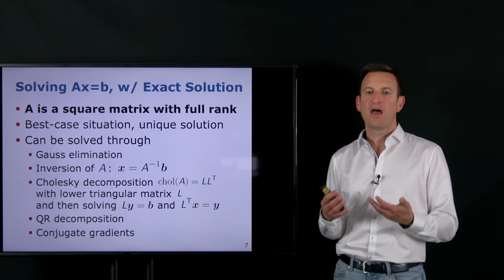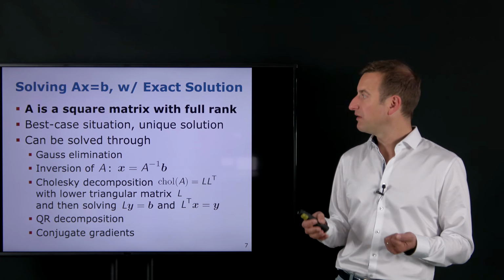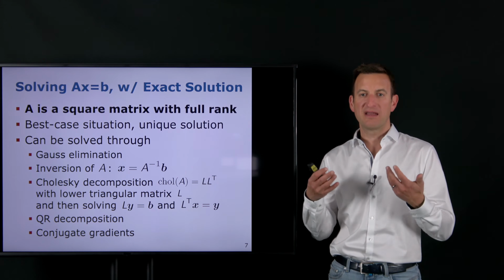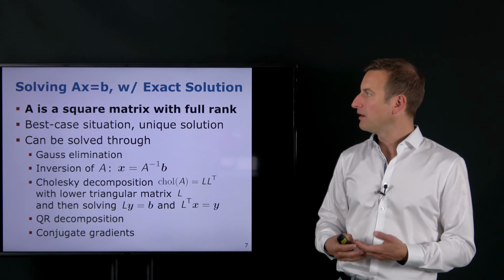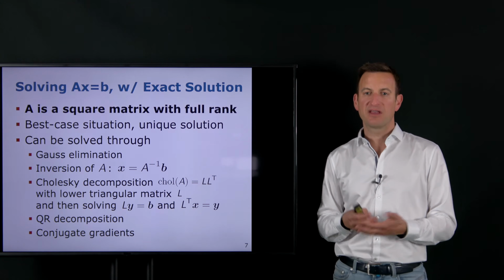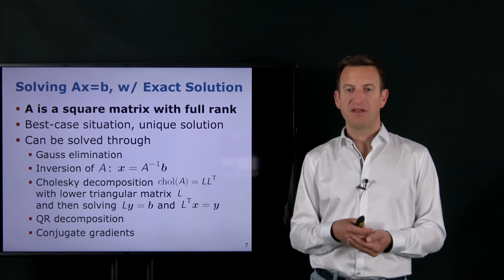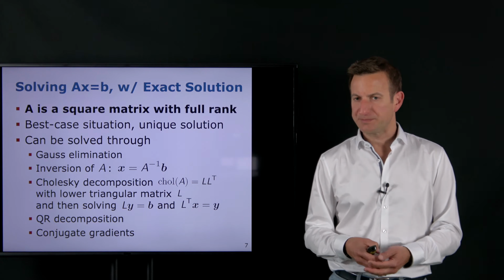So there are different ways to solve this Ax equals b case if A has full rank and is a square matrix. If it's solvable, then we have an exact, unique solution, so there's no ambiguity. And that's the standard case, the thing that you'd probably have done in school.